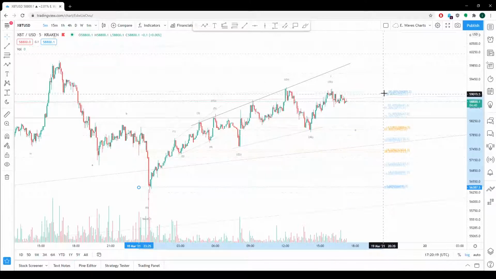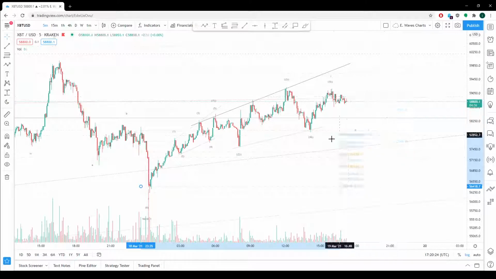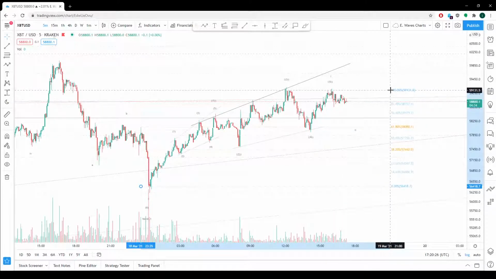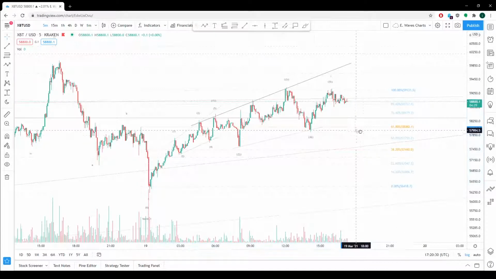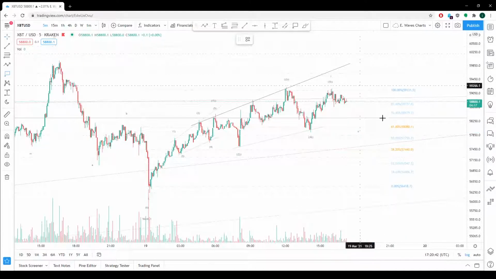So we put the top of wave 1... oh, it's already there. Yeah, the top of wave 1 to the bottom of wave 1, and we could expect this wave 2 to retrace to around the same level that this wave 2 did. So between the 61.8 and the 50%, which would be around 58,000.